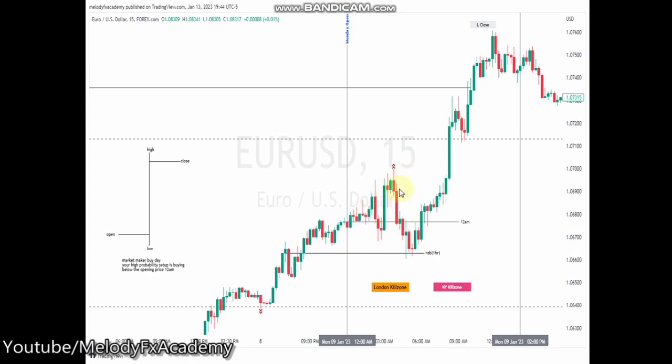You are only interested in the price leg that goes below the 12 a.m. midnight, okay. So remember, whenever you are bullish, you want to buy at discount arrays below or in close proximity to this opening price, right? So that's close proximity entries. So you want to be buying at discounts below or close to this opening price, right?